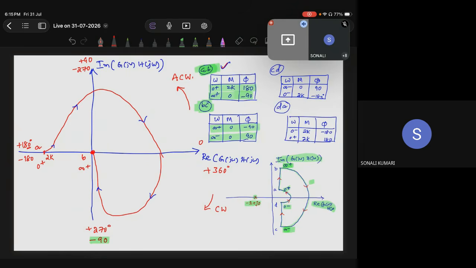BC starts at infinity plus, ending at infinity minus. At infinity minus, what we have? 0 and 90. 0 is the same thing again. 90 is this angle, the vertical angle. So the point will be there only. So that is C, infinity minus. Is this clear?